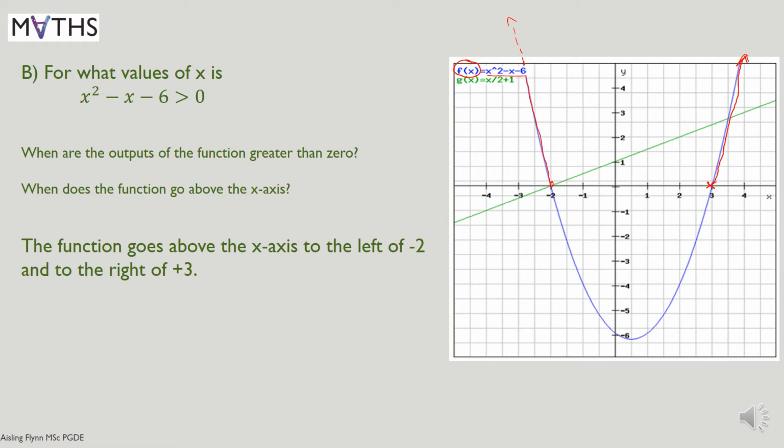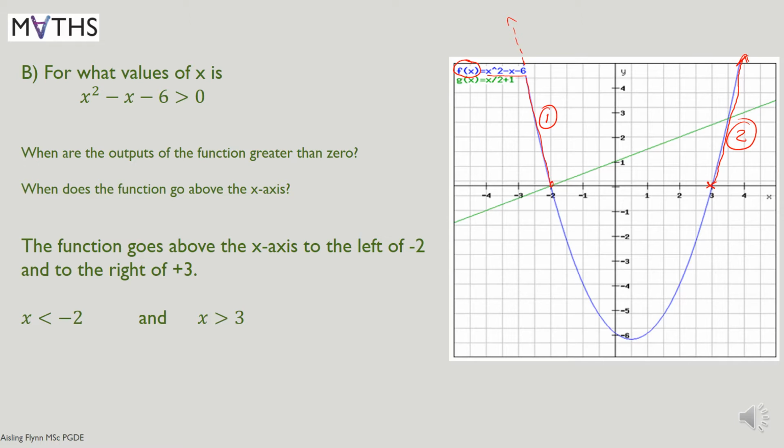So the function goes above the x-axis to the left of -2 and to the right of +3. Now you can see clearly on the diagram here that what I've marked in red, there are two distinct areas on the graph and they're not joined up. So we will write them as two separate answers.